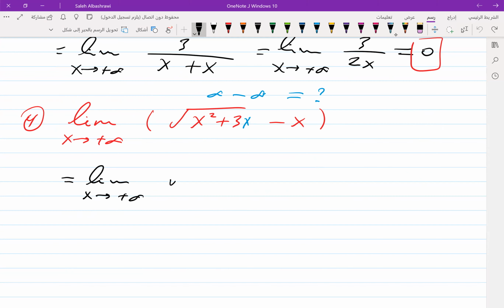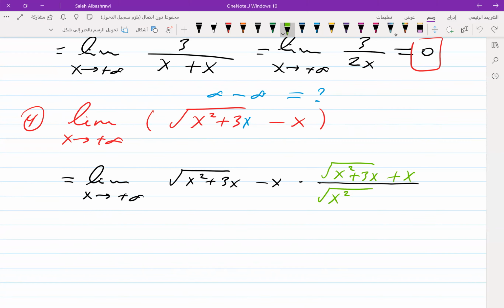It will be square root of x squared plus 3x minus x multiplied by the conjugate. The conjugate in this case will be square root of x squared plus 3x plus x divided by square root of x squared plus 3x plus x.